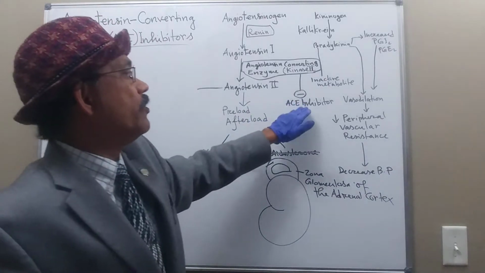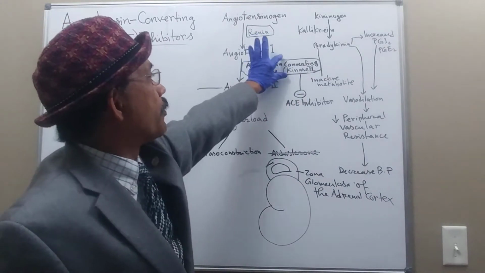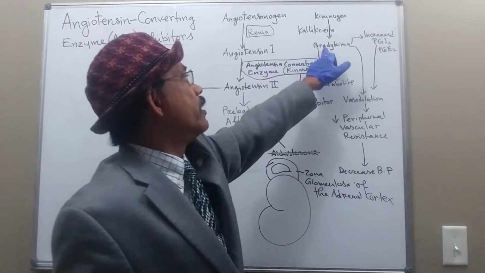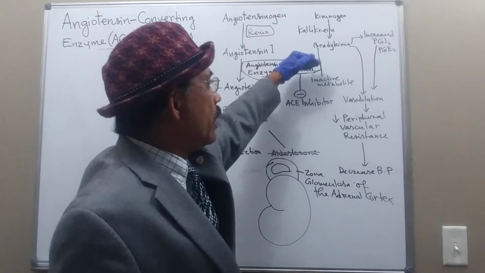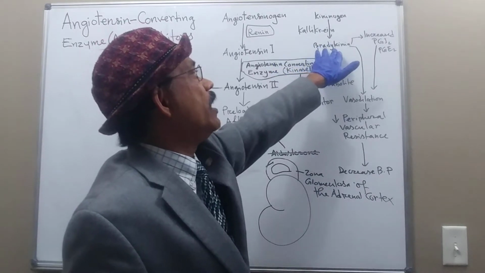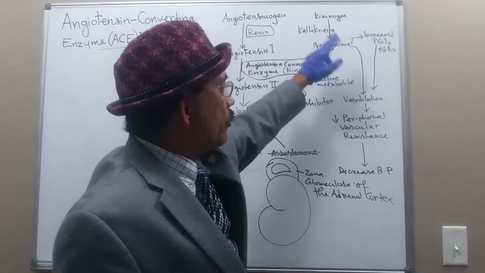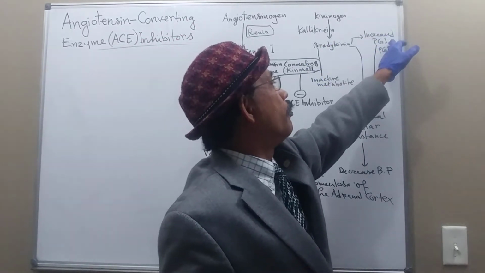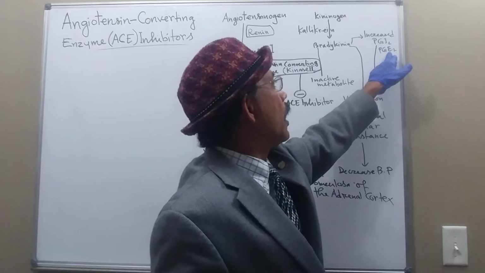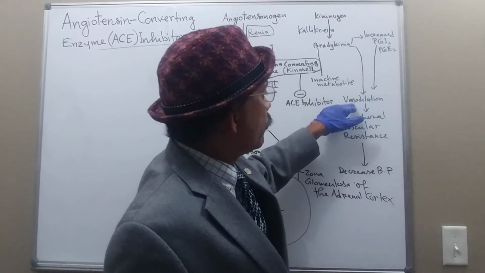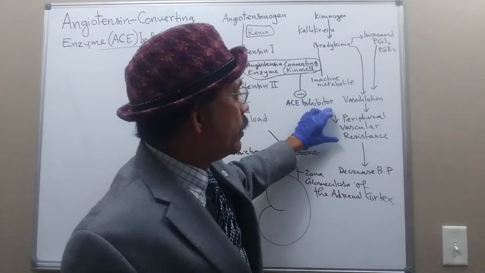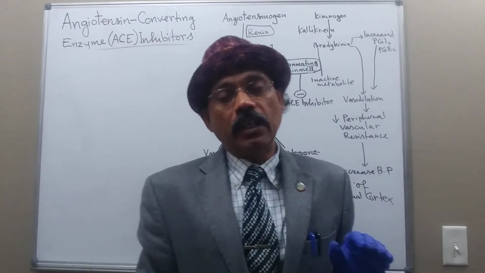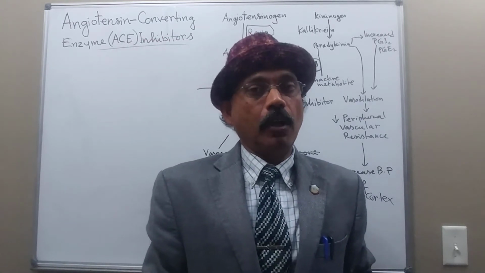So again, the ACE inhibitor inhibits the angiotensin converting enzyme. So bradykinin cannot be inactivated, rather it remains in our system in active form. So it causes vasodilation. It is also converted to prostaglandin E2 and prostaglandin I2, which also cause vasodilation. That will lead to a decrease in peripheral resistance, meaning a decrease in afterload.